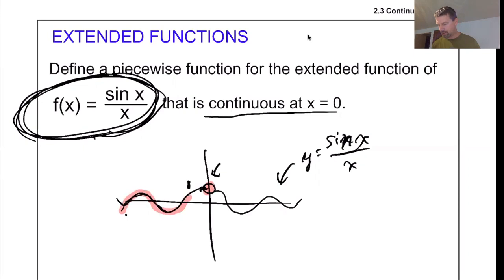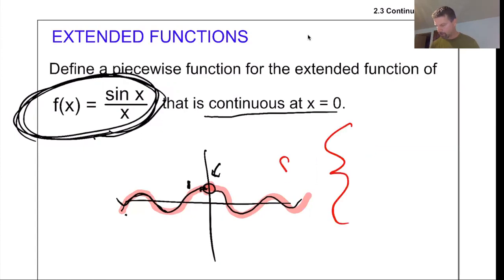And then all of a sudden it's continuous. Oh, there's not a hole anymore. It's filled in. And you can keep going, right? So we're just going to define that function. I'll use my little squiggly to show it's a piecewise defined function. We're going to call it f of x, and it's going to be the same thing just about everywhere.